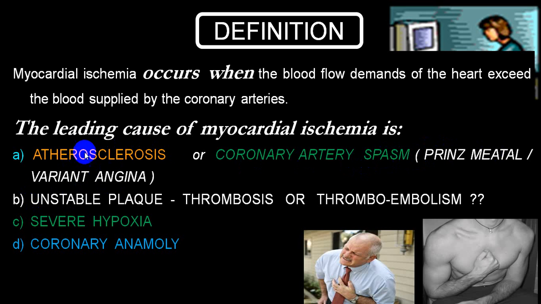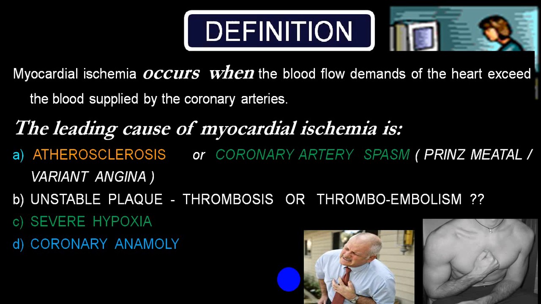Whenever an atherosclerotic plaque becomes unstable, it can rupture, forming a thrombus, which we call coronary artery thrombosis, or there can be occlusion of a coronary artery by thromboembolism. Other etiologies besides atherosclerosis can be severe hypoxia or coronary anomaly. We'll deal with the etiology of myocardial ischemia separately in detail.